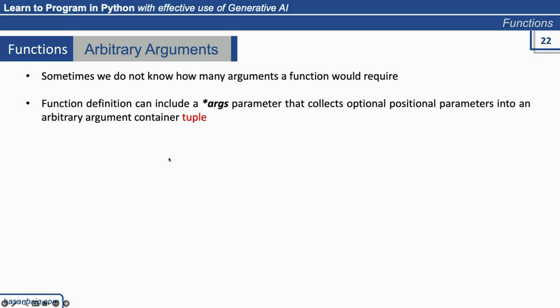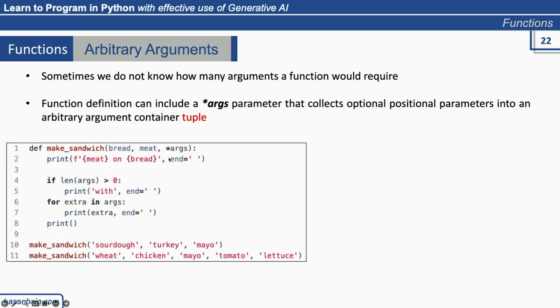But just to give you an example here, let's say we have a function make sandwich, and it is taking one input bread, another one meat, and the third one is where we do not know how many arguments the user can pass. So we define it with the asterisk, and you can give it any name, but args is the standard naming convention.